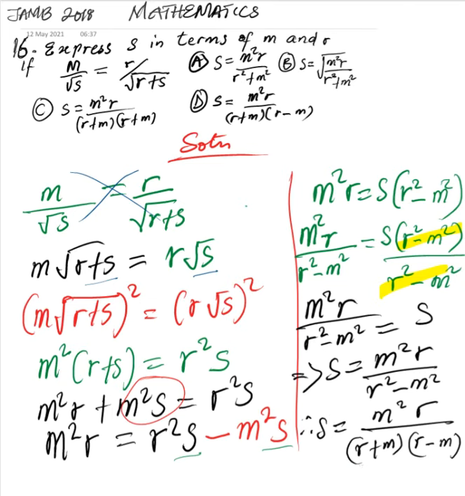Therefore, the correct option here is D. The correct option here is D. So S is equal to M squared R over R plus M, R minus M.